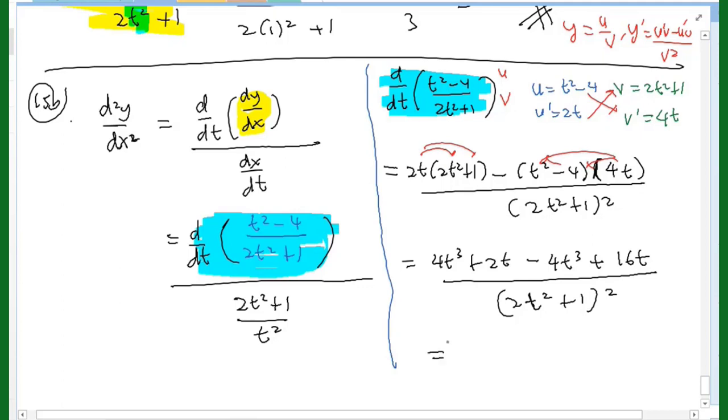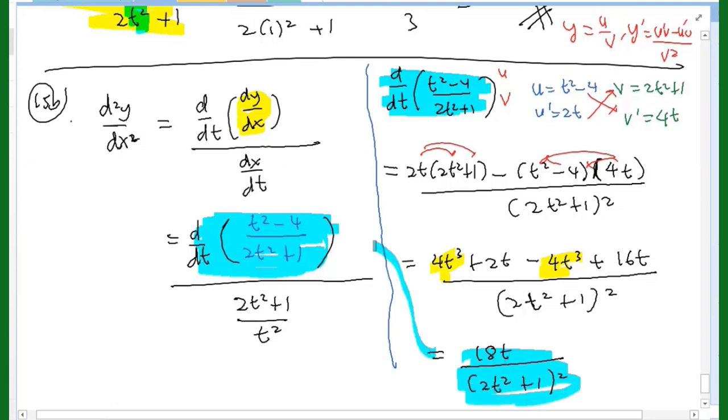Okay, and check. This one can be cancelled. So 18t over (2t squared plus 1) squared. This is actually dy/dx differentiated, right? And then substitute.